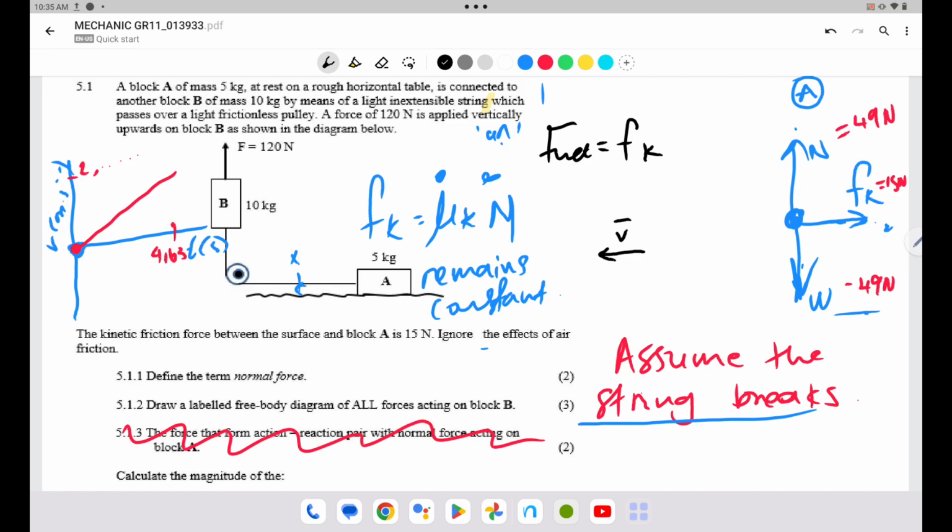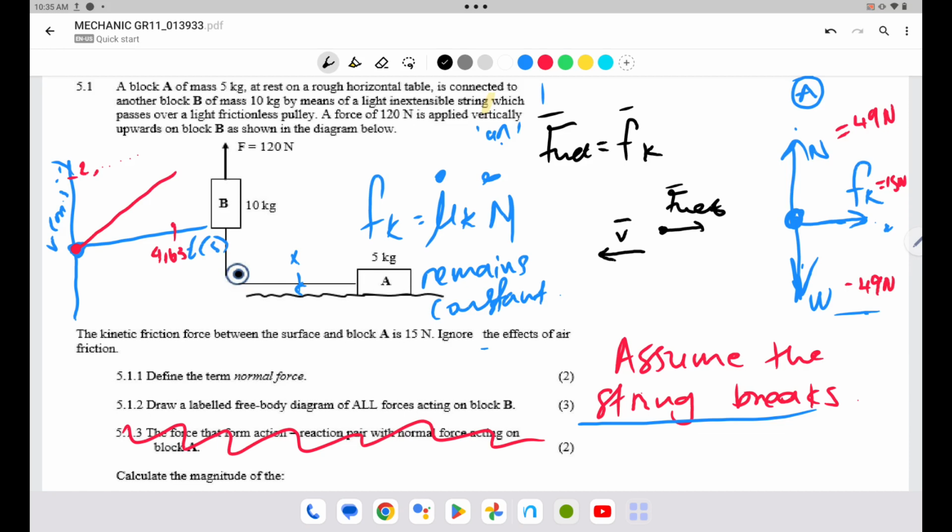Now the string breaks, and the object continues to move forward. There's a property of an object to resist a change in the state of its motion, which is known as inertia. So this object will continue moving forward due to its inertia. But what will be the direction of the net force? Because net force is now equal to Fk, the direction of the net force will be towards the right.